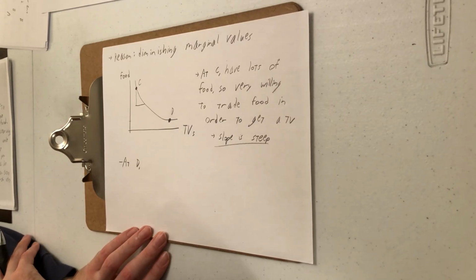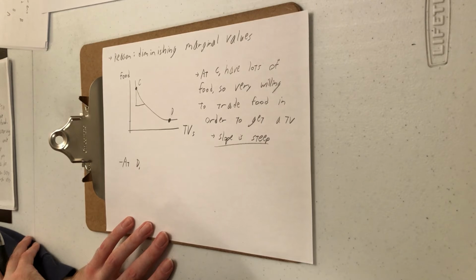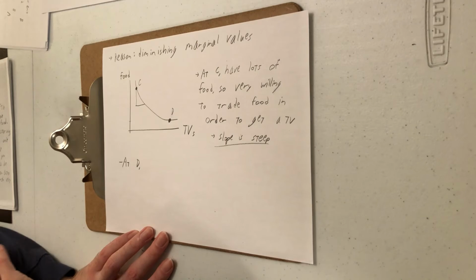So you have too many TVs already. It's better to give up TVs, even if you get just a little bit of food. Those extra TVs are just redundant, and you're pretty hungry. So at this point, you're very willing to sacrifice TVs to get food.